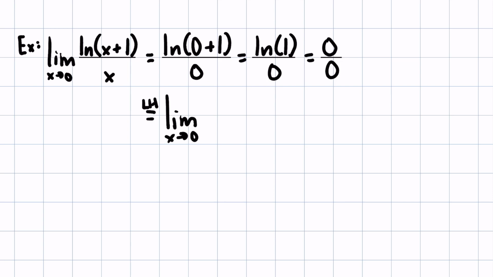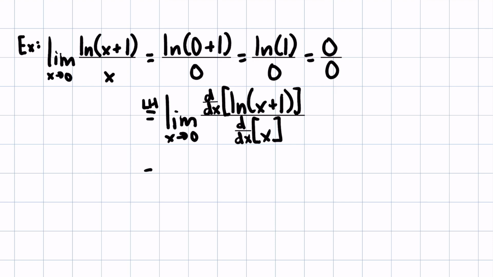So now this is going to be the limit of the derivative of ln of x plus 1, d dx ln x plus 1, over the derivative of x. Now, the derivative of natural log of x plus 1 is going to be 1 over x plus 1.